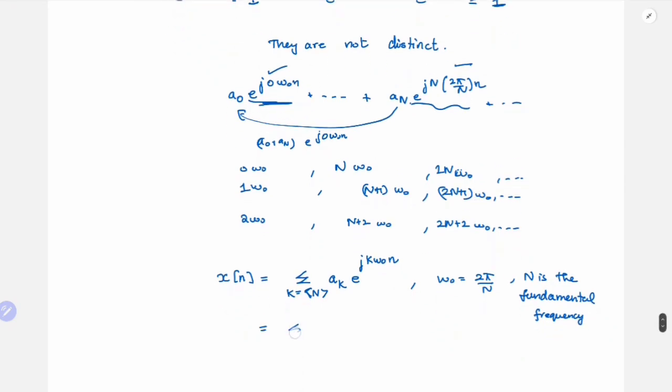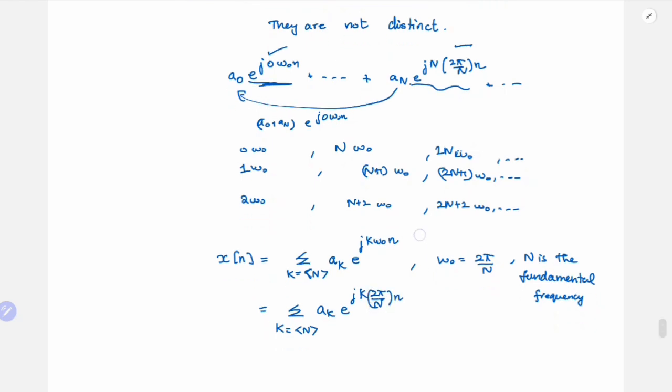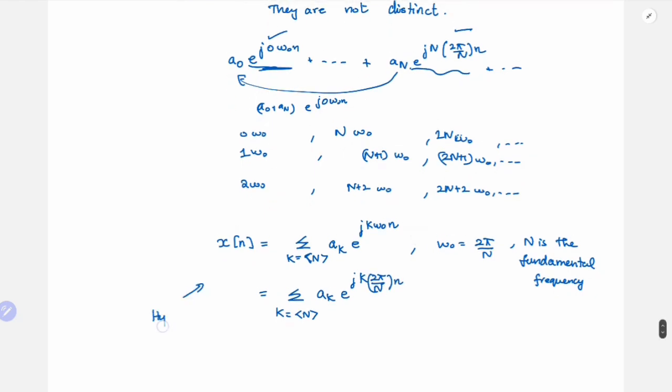So I'm just hypothesizing. I can write my periodic signal in terms of complex exponentials using this relation, right? Let's say this is a hypothesis.